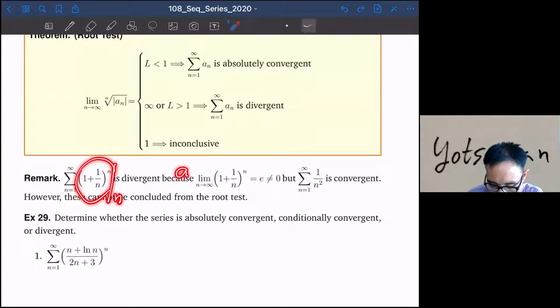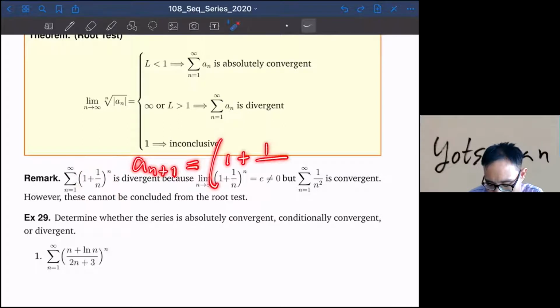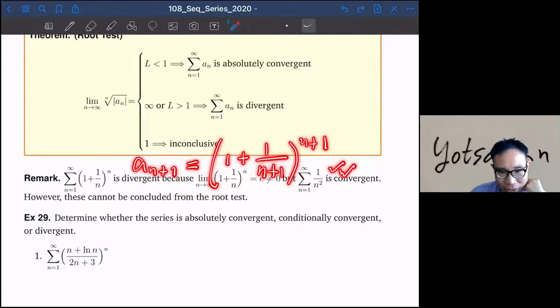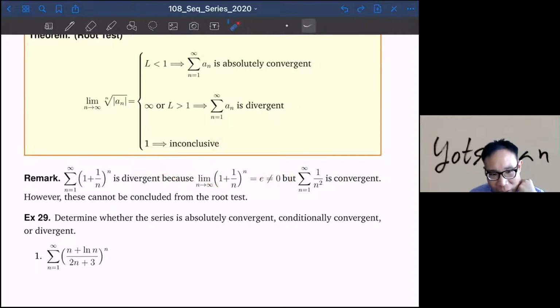So you see that a_(n+1) turns out to be very big and messy, (n+1) to the (n+1), and it's kind of difficult to use the ratio test. However, it's going to be easier if you just take the nth root. If you take the nth root of this, you see that the power gets cancelled, and you're going to be able to find the limit quite easily.